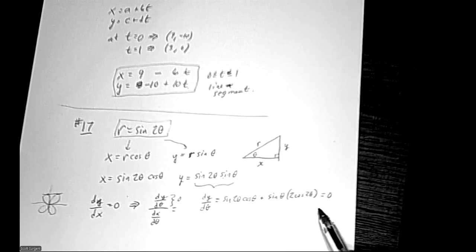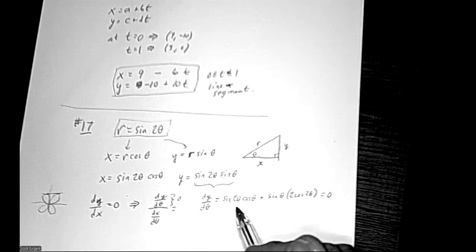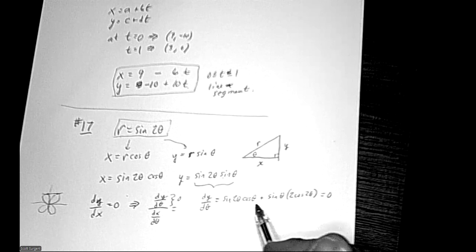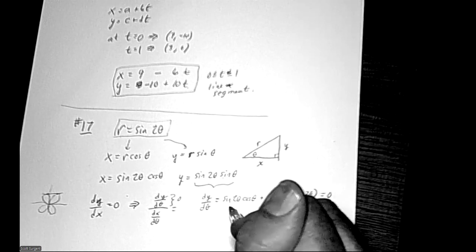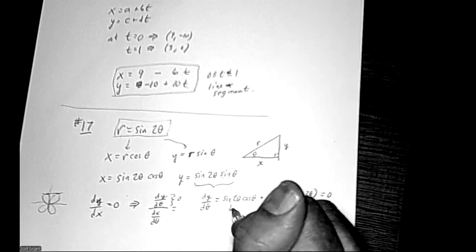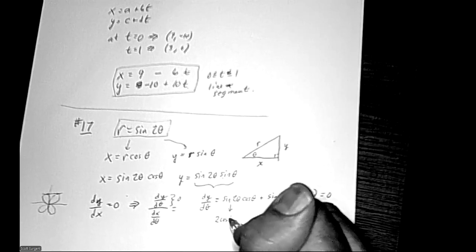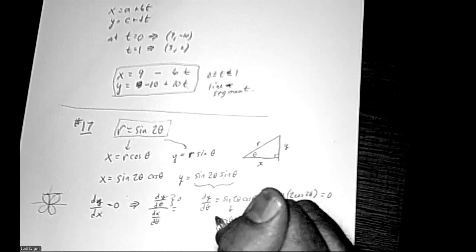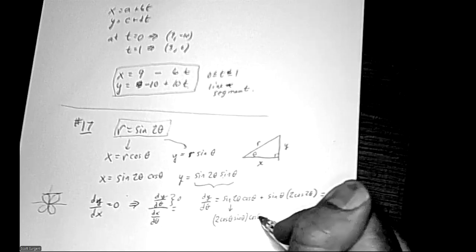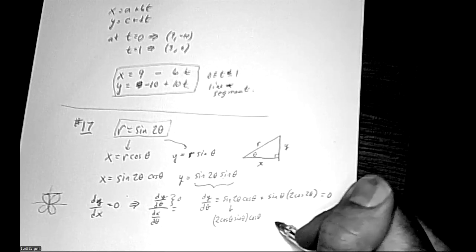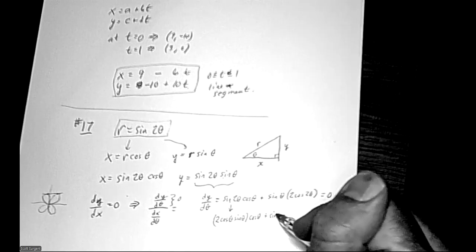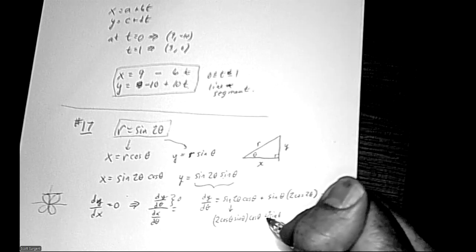I can see what's going to go on here. We've got an inconsistency in the argument. So I need to replace: sine of 2 theta is 2 cos theta sine theta, and that cos theta gets multiplied. I'll put the 2 out in front.